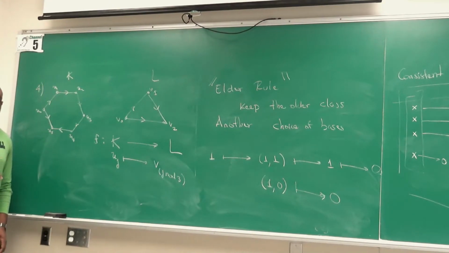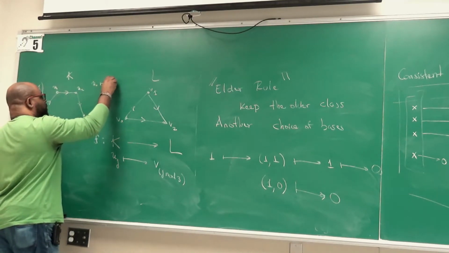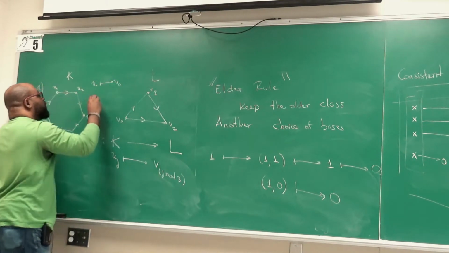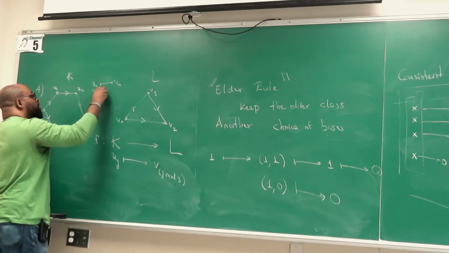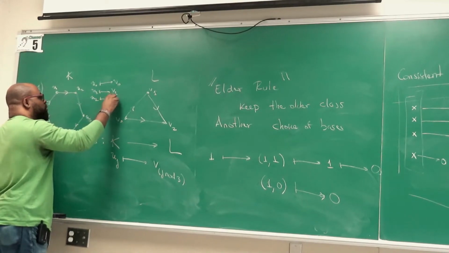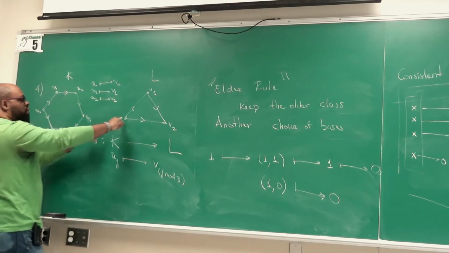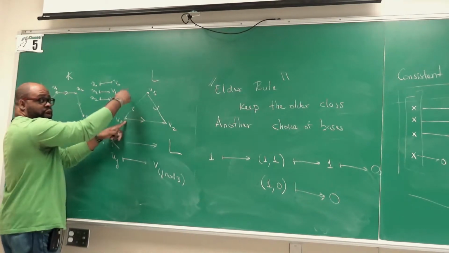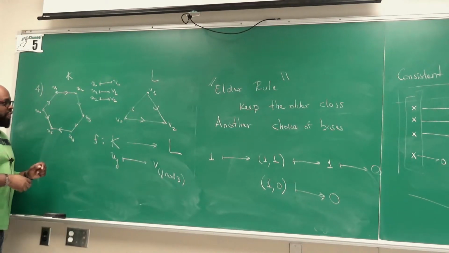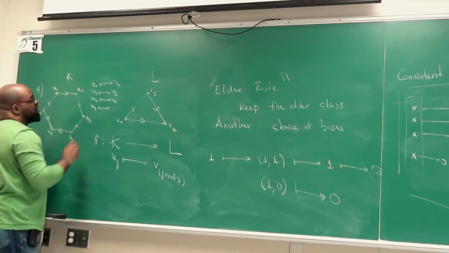In particular, U0 goes to V0, U1 goes to V1, U2 goes to V2. So notice what I'm doing: U0, U1, U2 to V0, V1, V2. So we already covered one loop. And then when I say U3, that goes to what?